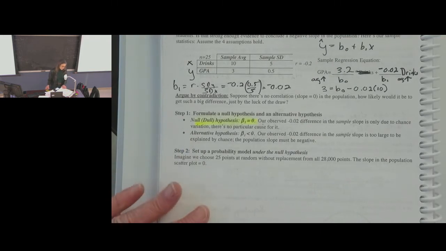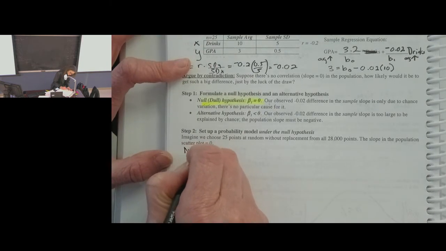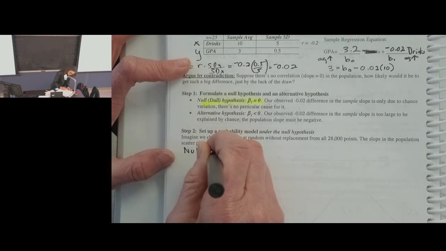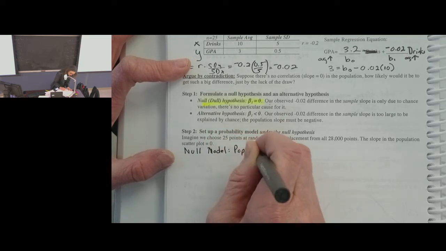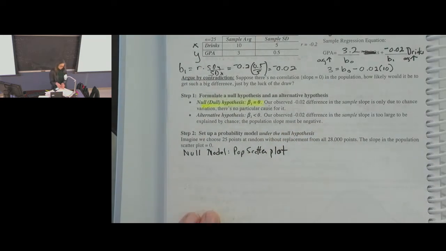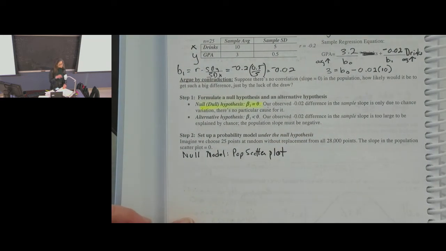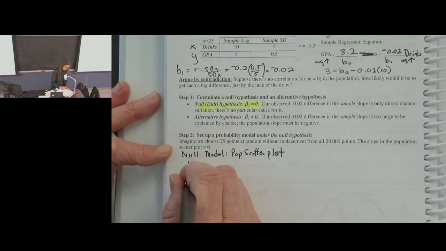All right. So now we have to set up this null model. And it's the population scatter plot. The difference from the one we did for confidence intervals is we have a null hypothesis in here. We have a scatter plot.